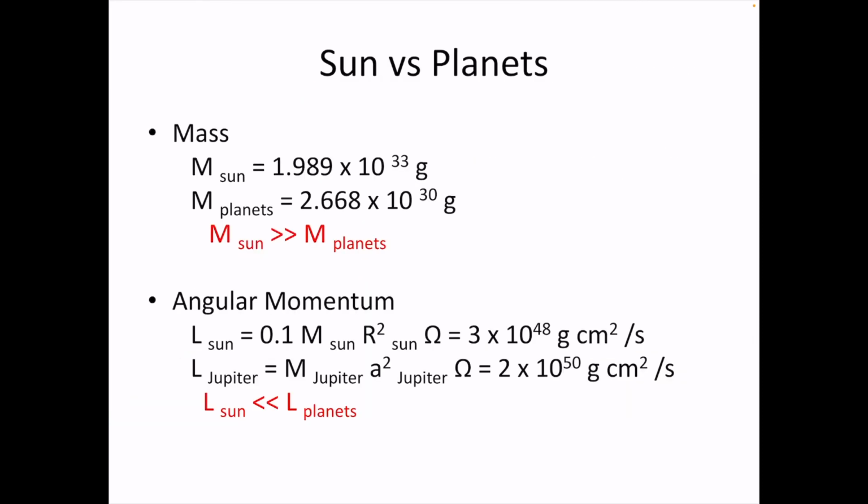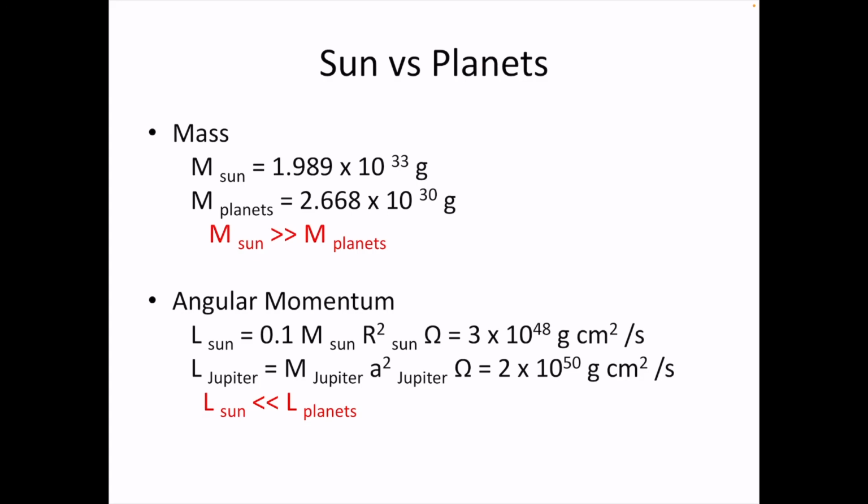The Sun and the planets. The mass of the solar system is mainly determined by the mass of the Sun. Even if you collect all the masses of the planets, the total mass of the planets is about 1,000 times less massive than the mass of the Sun. But the angular momentum is related to rotational motions. If you calculate the spinning motion of the Sun, you find the angular momentum of the Sun is 3 times 10 to the 48 gram square centimeter per second.